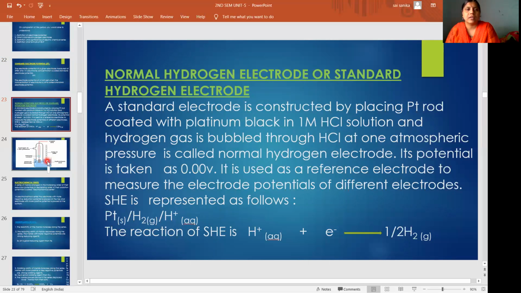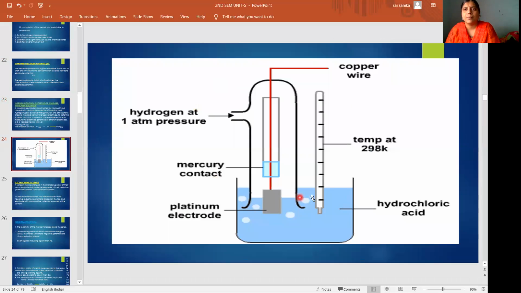Next we come to the normal hydrogen electrode or standard hydrogen electrode. If you see the diagram, this is the diagram of the SHE, the standard hydrogen electrode. A platinum rod coated with platinum black is enclosed in a glass tube and dipped in 1 M HCl solution.